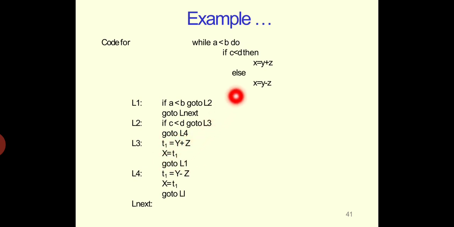Because this is a while statement, you have to repeat it. Again you have to examine that. If C less than D is false, go to L4. We have to compute y minus z: T1 equal to y minus z, x equal to T1, go to L1. Again you have to check since this is a while statement. Only if A less than B becomes false can we go to the next statement after the entire while loop.